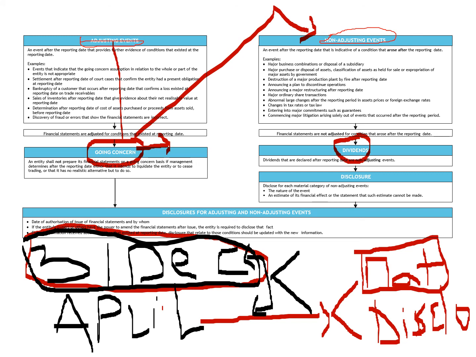Now, the big part of IAS 10, which many preparers of financial statements forget about, is the disclosure part. So financial statements for which there is a subsequent event, whether it is an adjusting or a non-adjusting event, should always disclose any material fact.